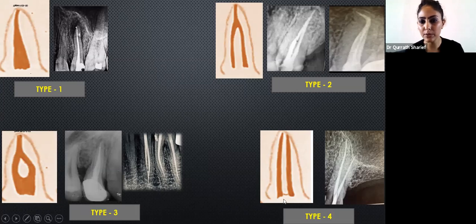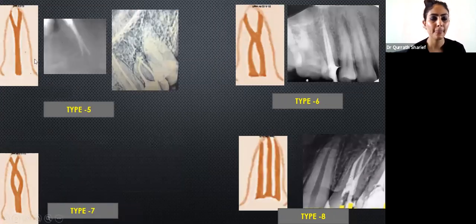And type 4 is two different canal orifices which start from the point and then end towards the apex. It basically has two different apical foramina. Type 5 is one canal orifice which bifurcates at the apical third into two. And type 6 is two different canal orifices which bifurcate and crisscross each other at the middle third, and again bifurcate into two at the apical third.